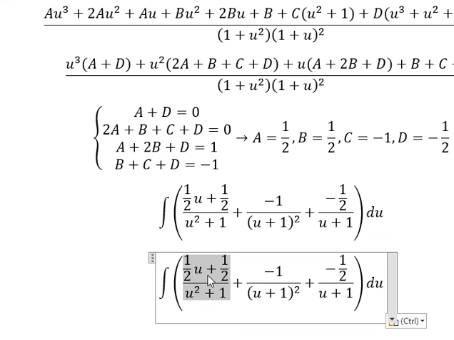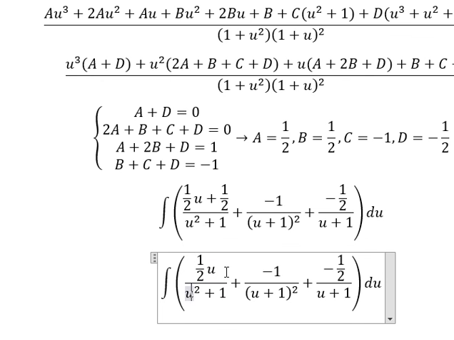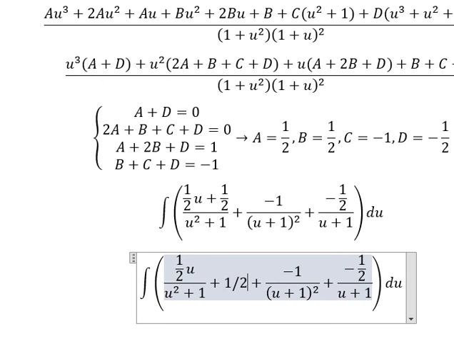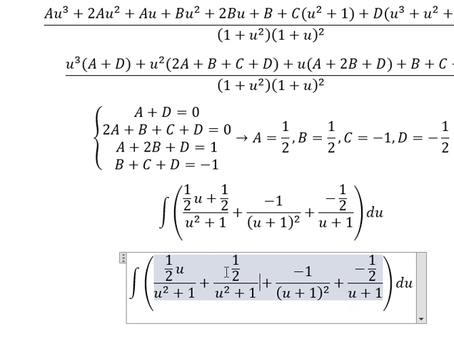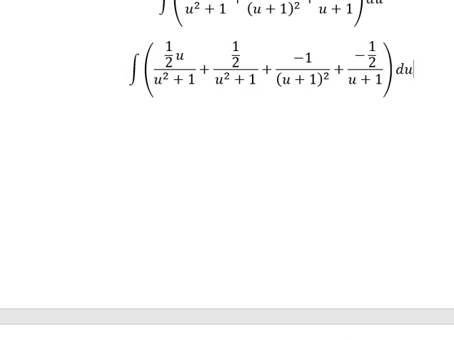About this one, we need to separate. So we have 1 over 2 over u squared plus 1. And now we have the final answer.